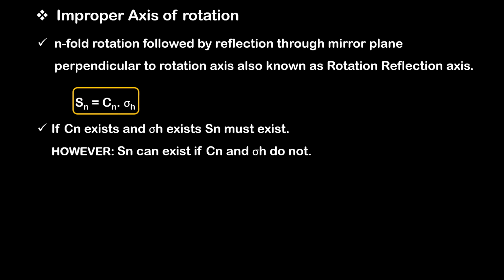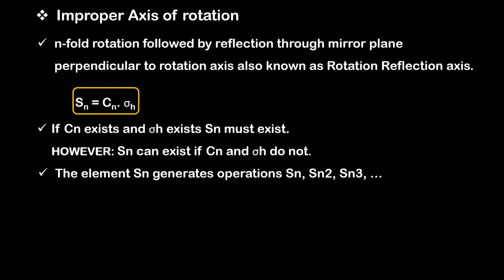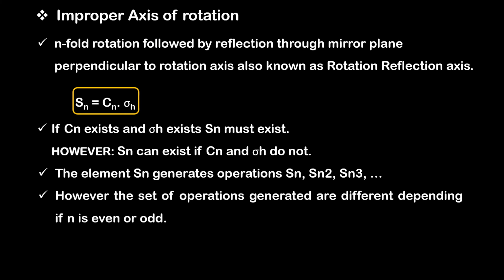However, Sn can exist even if Cn and sigma h do not. The element Sn generates operations such as Sn, Sn2, Sn3 respectively. However, the set of operations generated is different depending on whether n is even or odd.